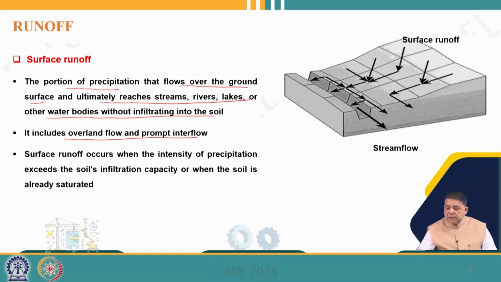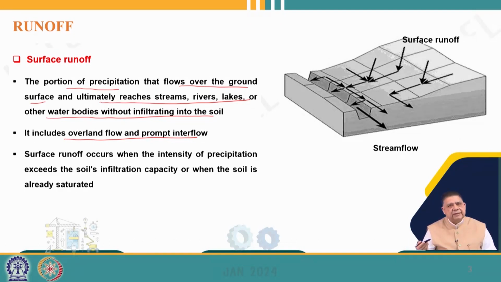And of course, several times we have discussed this: when precipitation occurs, it reaches the soil surface and first meets the infiltration requirement. Whatever excess or effective rainfall is there, after meeting the abstractions including infiltration, starts flowing on the surface as overland flow.